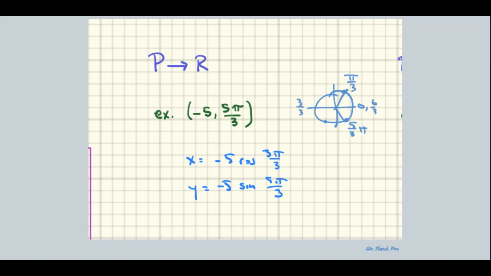And the cosine there is an x thing, and that's negative 1/2 then. Negative 5 times 1/2. Not 1/2. Times negative 1/2.